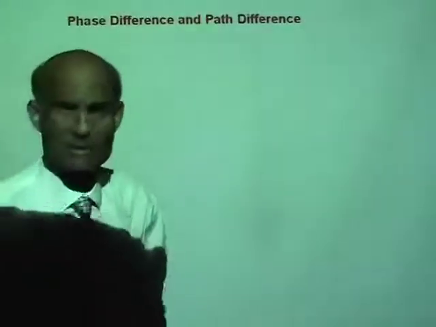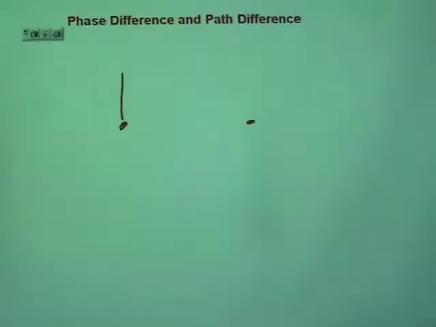Did you understand that? Let me see if I can show that over here. If there are two particles, one here and one here, this one has completed one vibration. That means it has gone through a phase of 2 pi, and the second particle is now beginning to vibrate.